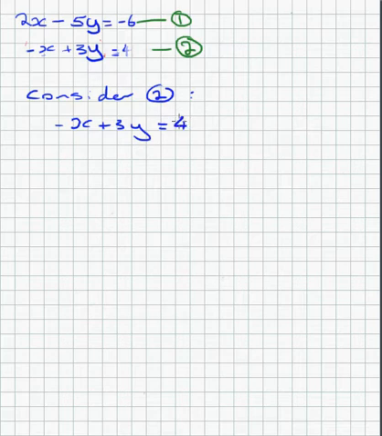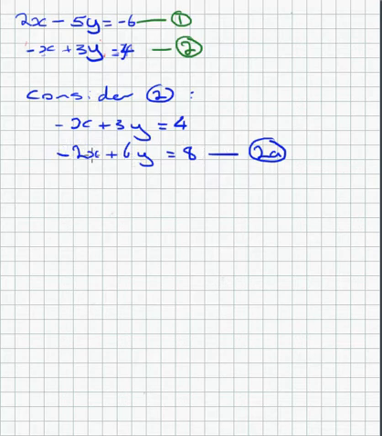Let's double both sides. Multiply both sides by 2 gives us minus 2x plus 6y equals 8, which just gives us another version of equation 2. Let's call this 2a. Just equation 2, but tweaked a little bit.